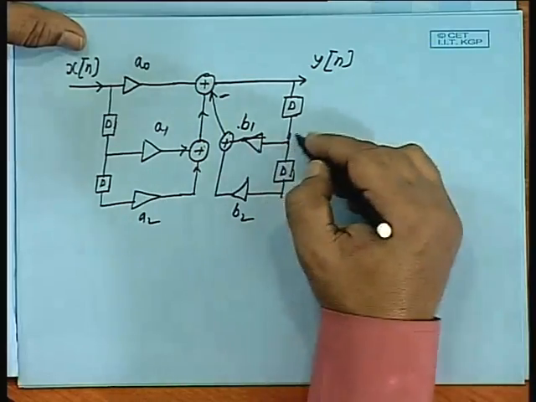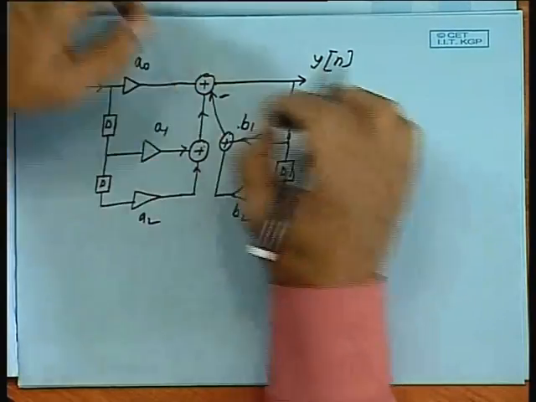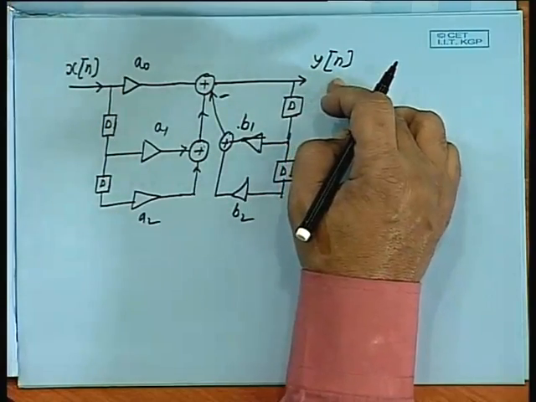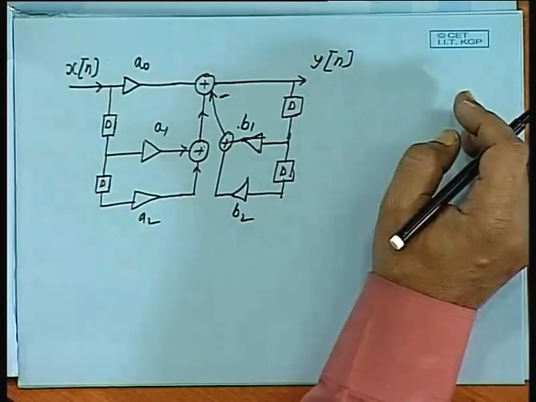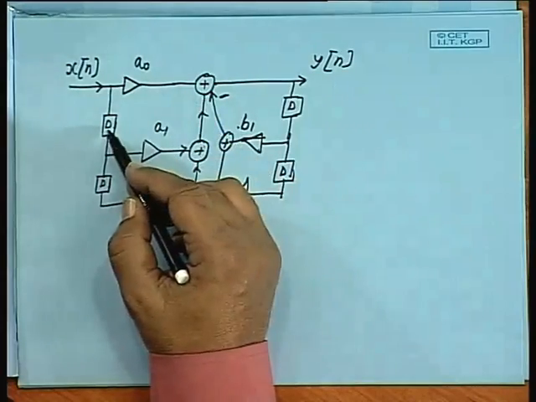Okay. So, from these two feedback channels, the added signals will be giving you y n. So, there is a multiplier, adder, delay.